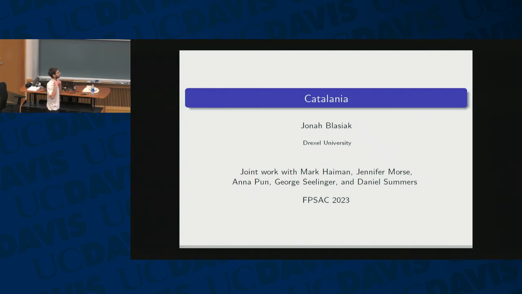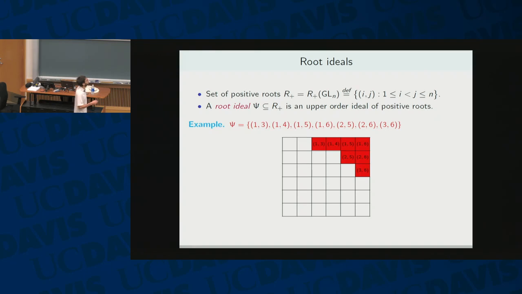Okay. All right, so let's get started. The first thing I want to define for you is an object we'll talk about throughout this talk called root ideals. We'll let R plus denote an index set for the set of positive roots of GLN, which we'll identify with the squares above the diagonal in this n by n matrix.